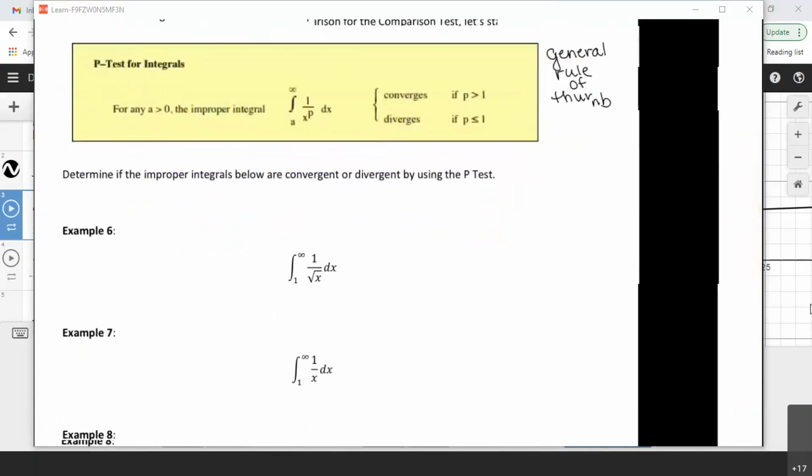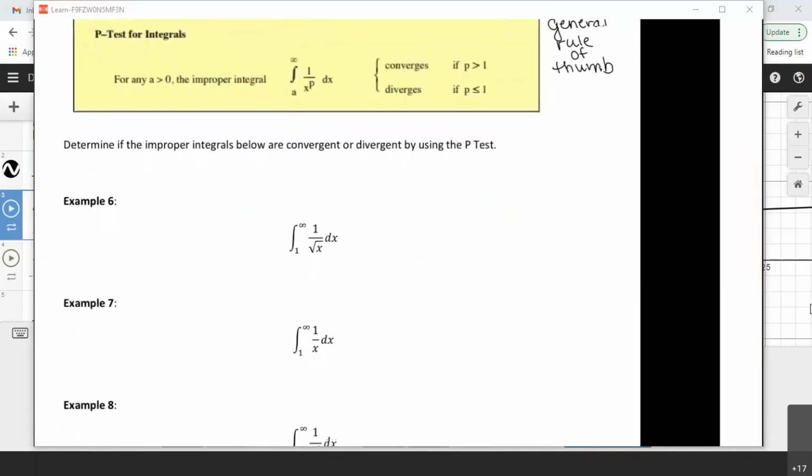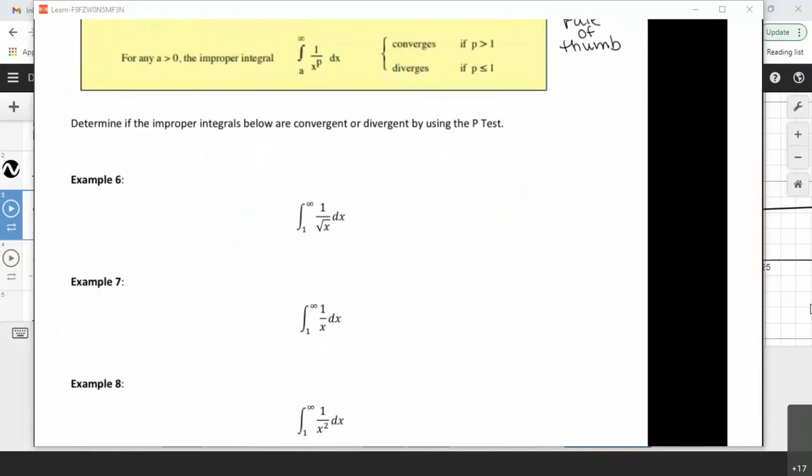So let's take a look if these are convergent or divergent based on the p-test. Remember, the p-test is just looking at the exponent p in the denominator, as long as my upper bound is the infinite one.